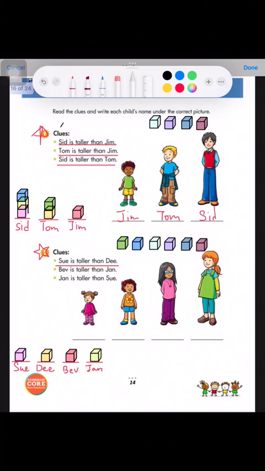So Sue is taller than Dee. So we may put one block on Sue, so that she's now taller than Dee. And then Beth is taller than Jane. So we may put one block on Beth, so that she'll be taller than Jane.